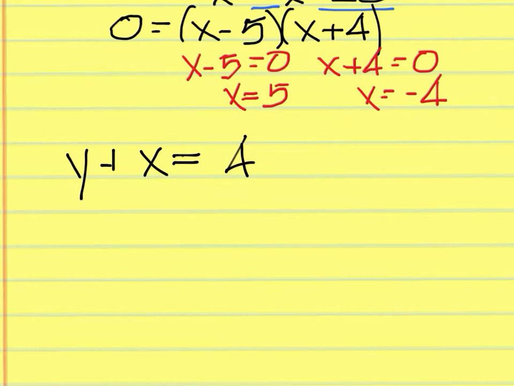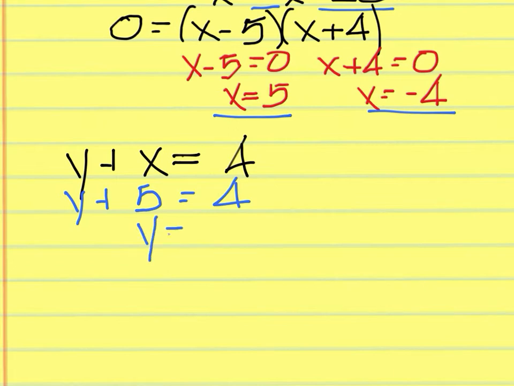I have to do this twice to solve for y because I have two solutions for x. So I'm going to start with the 5. I'm going to put 5 in for x and then solve for y. Move the 5 over, change the sign. You end up with negative 1. So one possible combination is that 5 is x and negative 1 is y.